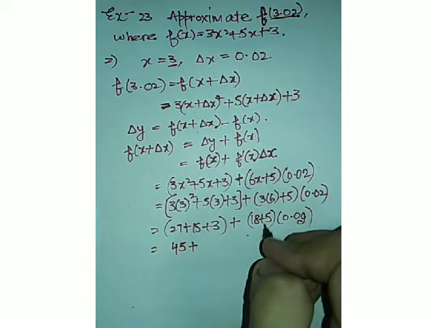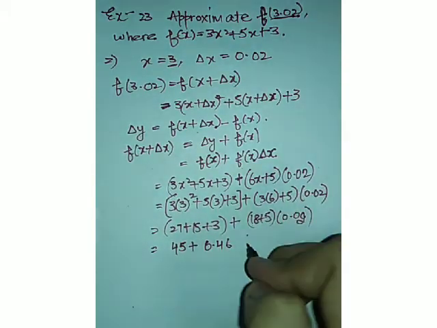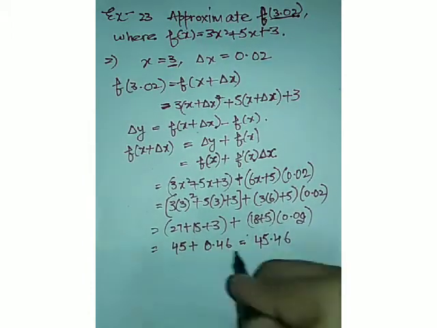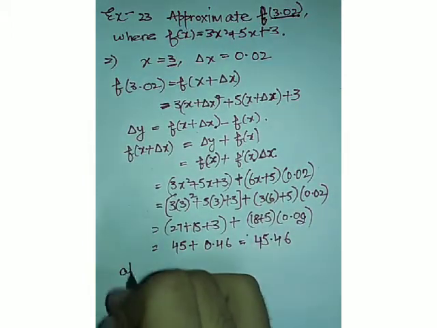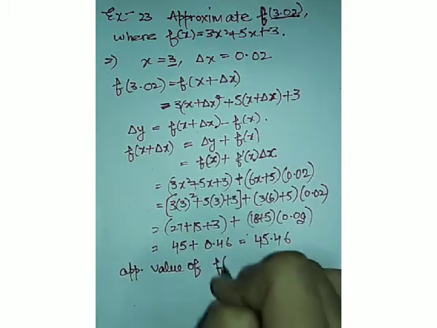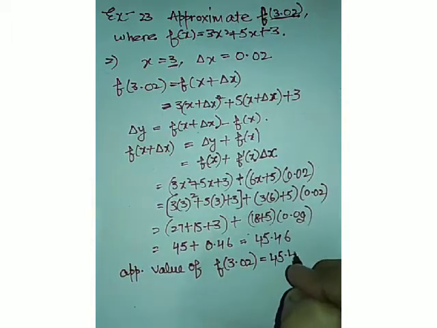When you multiply 23 by 0.02, you will get 0.46, and when you add, what you will get is 45.46. So the approximate value of f of 3.02 is equal to 45.46.